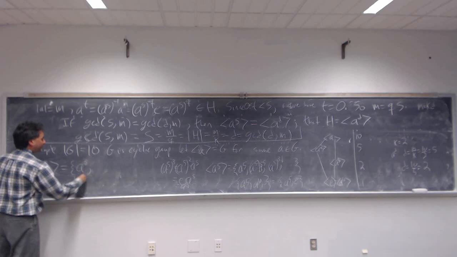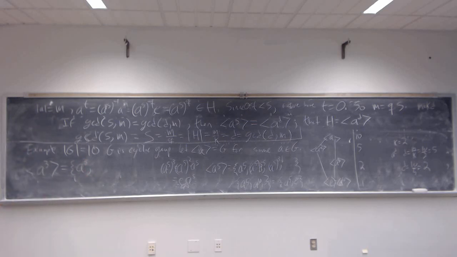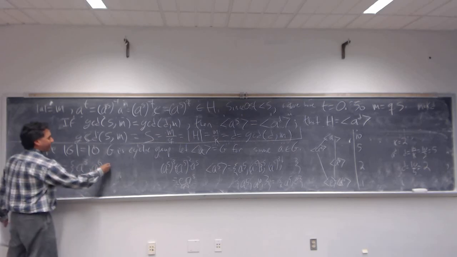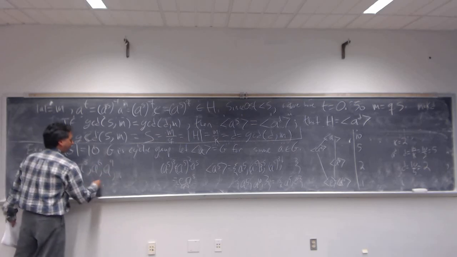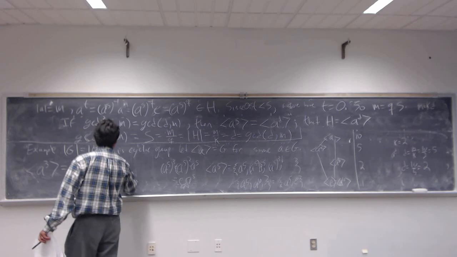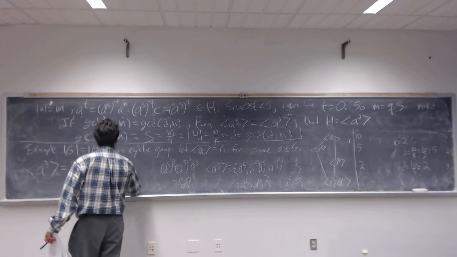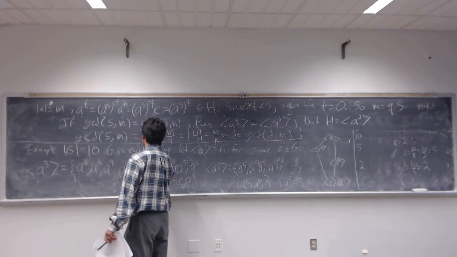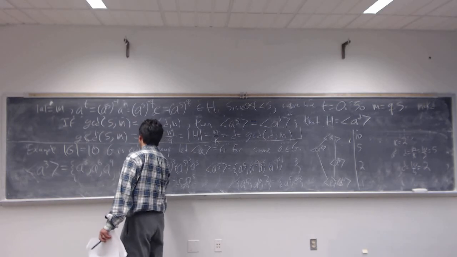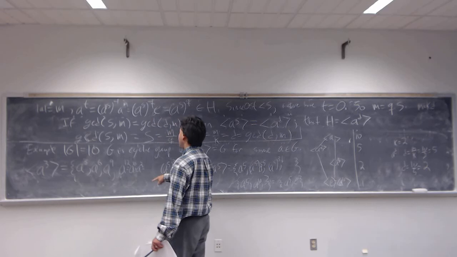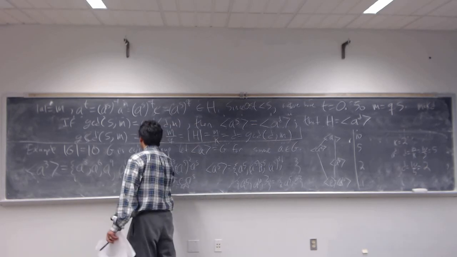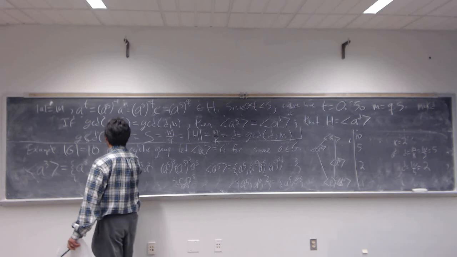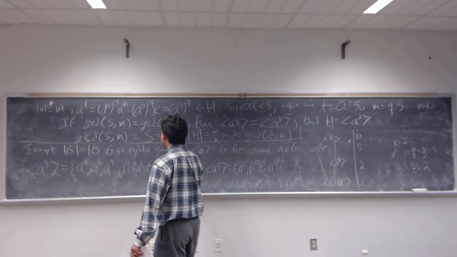Let's just run through. So we have A cubed. Then we multiply it again, we have A to the 6. Then we have A to the 9th. Then we have A to the 12th. But what is A to the 12th? That's A to the 10th times A squared. But A to the 10th is the identity, so it's just A squared. So far we've got A cubed, A to the 6th, A to the 9th, A squared.